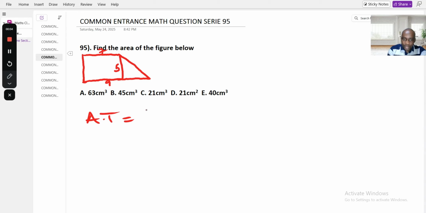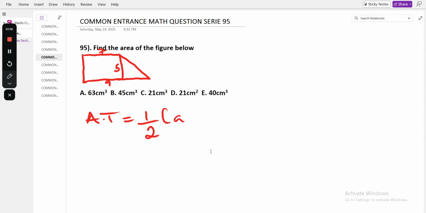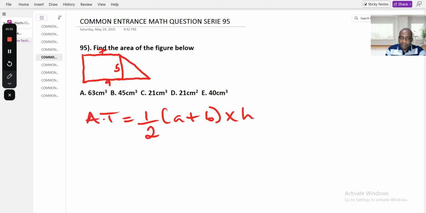The formula is half of A plus B, multiplied by H, which is height. What is our A here? It is the below base. Our A is 9, while our B is 7, and our H is height, which is 5.